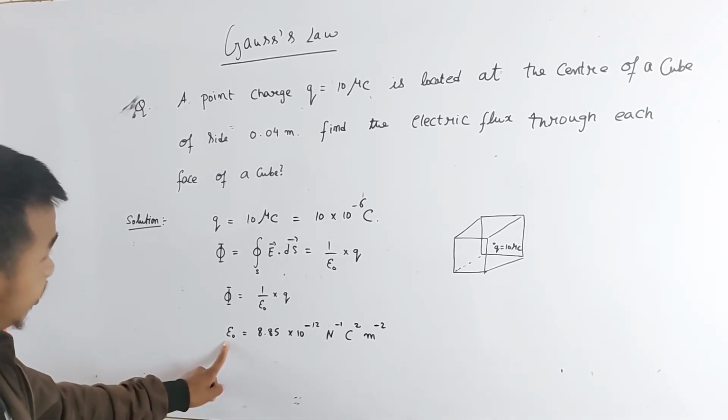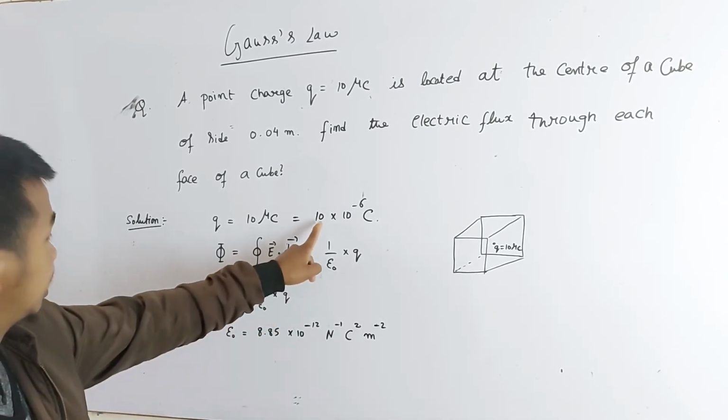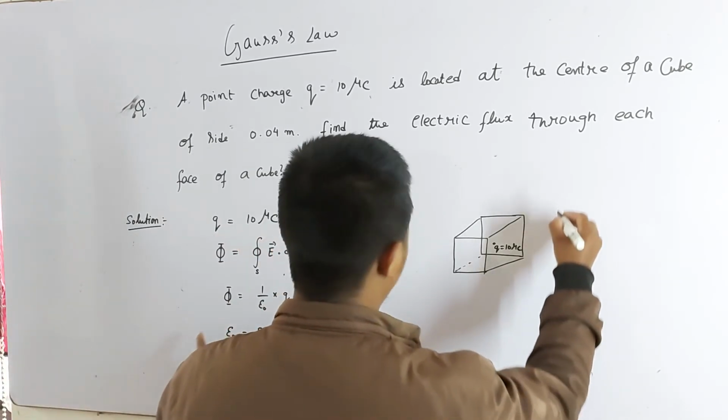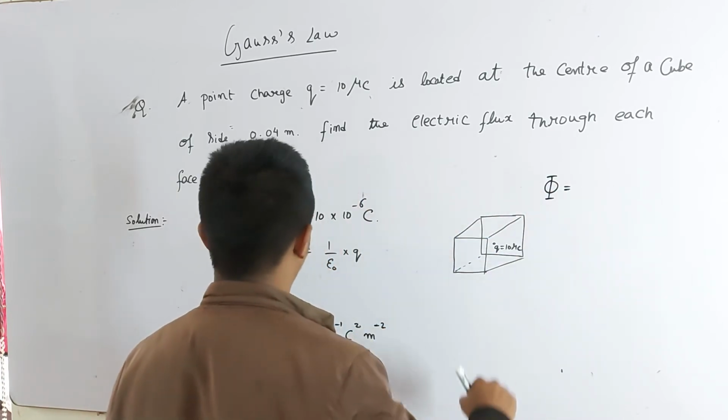If we put this value of epsilon naught in this equation and the charge q, what is the total flux? What is the flux through all faces of a cube?